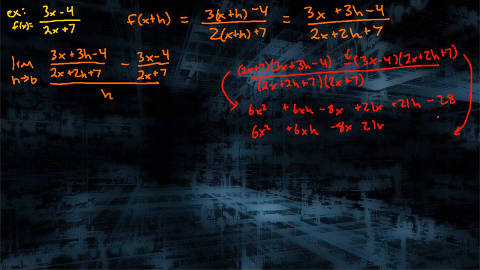I don't. So 8h minus, where do I want to put that? There we go. So I basically am doing this. So there is my minus 8h, and then finally minus 28. Oh, here's an 8h, minus 8h. Okay.